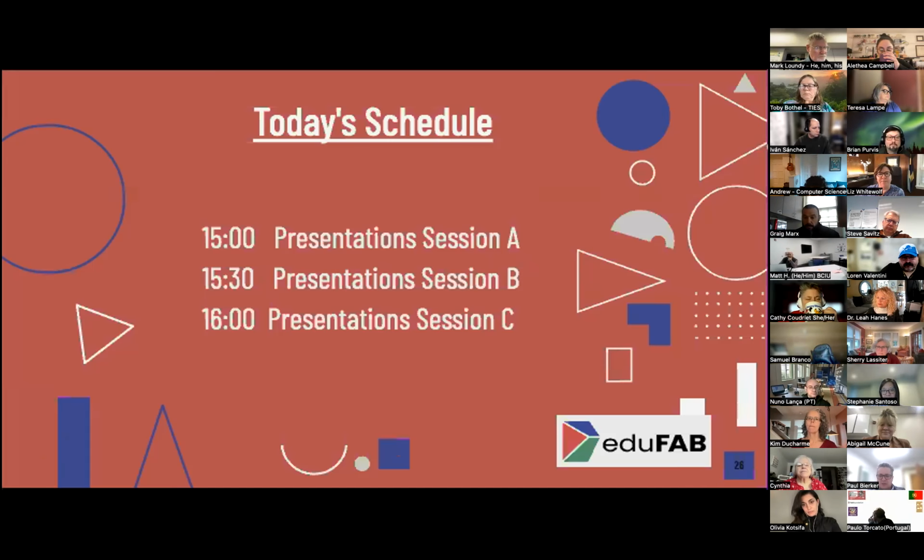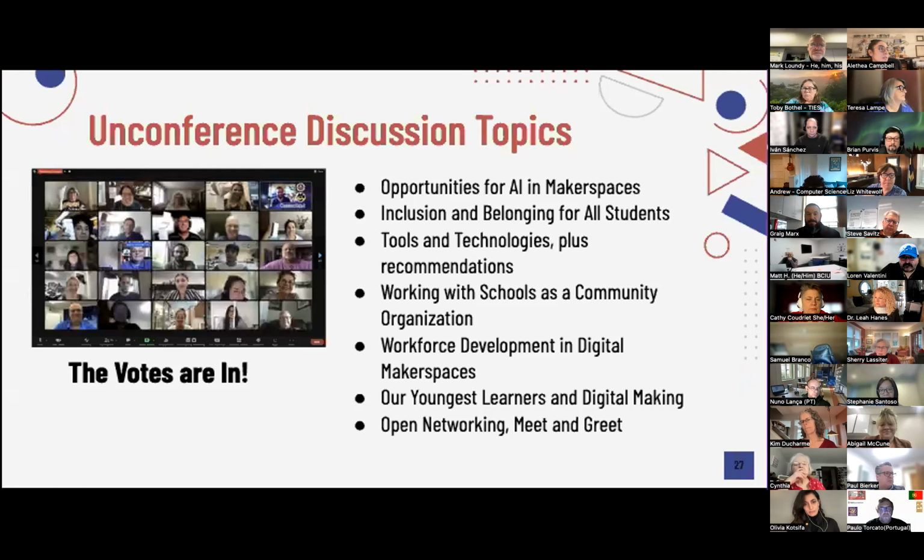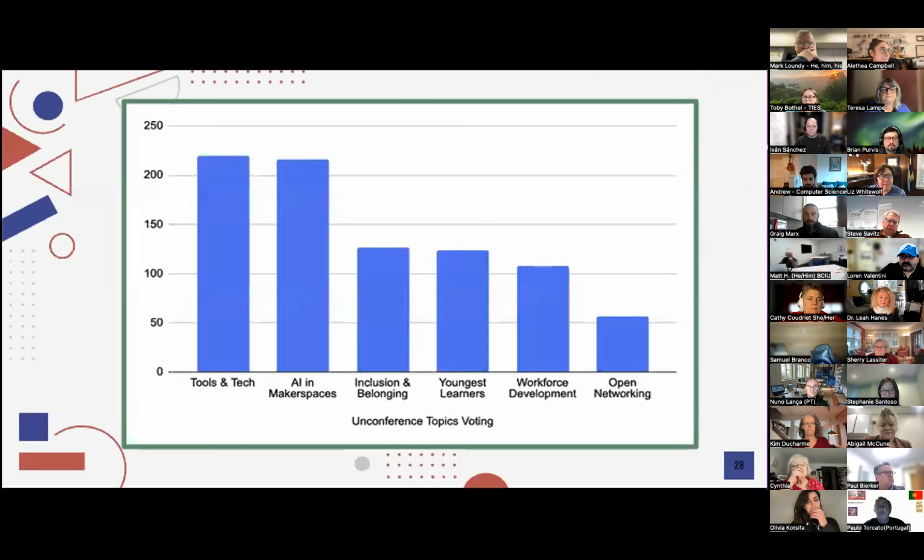We are here. We are at the very end of the schedule. Our fast talks are a couple minutes behind, but we can recover. When you registered for the conference, you voted for unconference discussion topics. Thank you for that input. We have our results from the votes on Eventbrite, and you will see we have two very clear winners.